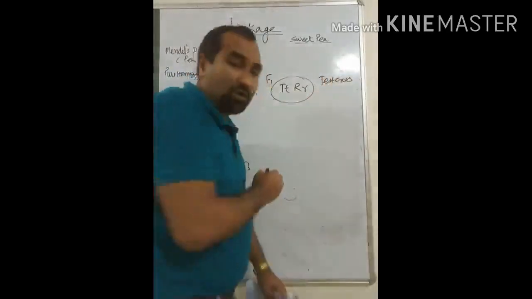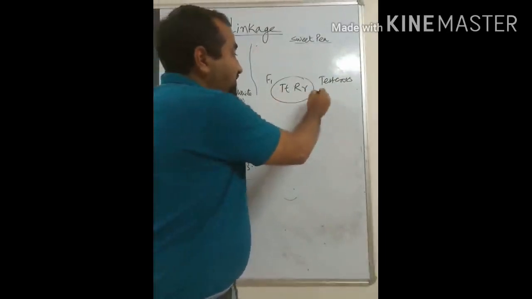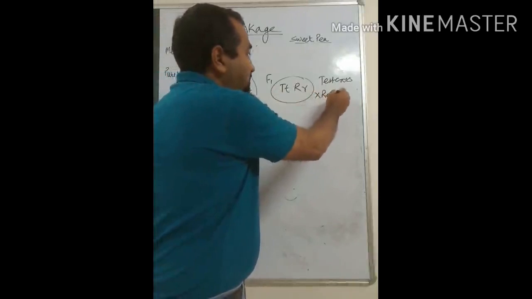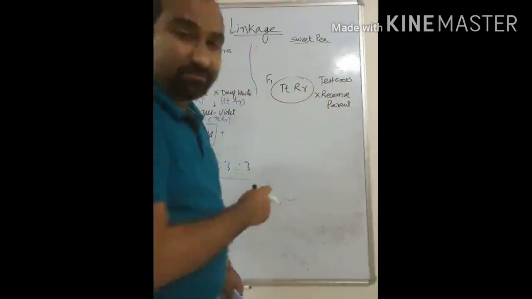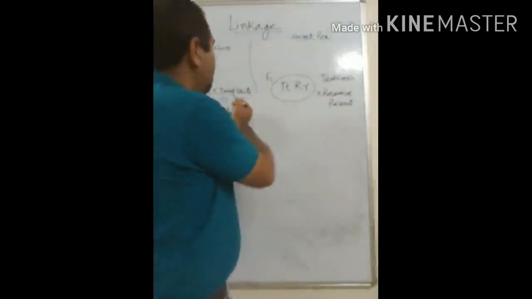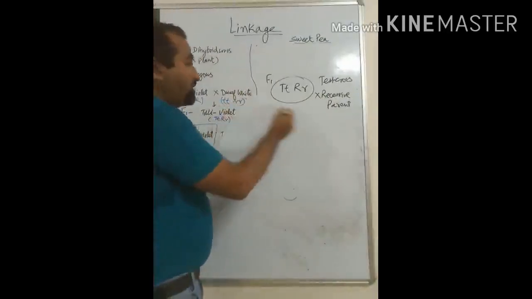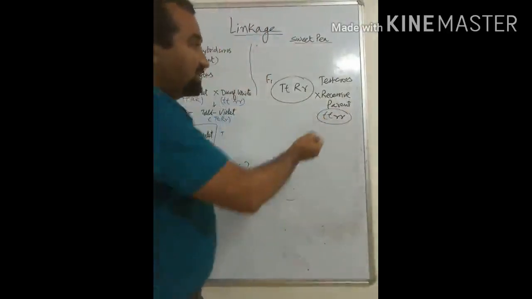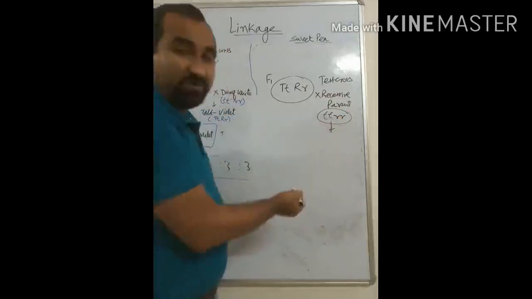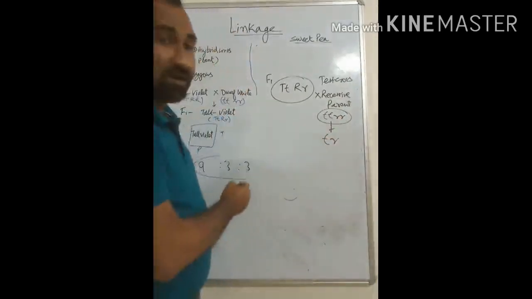In a test cross, we cross the F1 plants with the recessive parent. The recessive parent has the genotype small t, small r, because the recessive parent will always produce one type of gamete, that is small t and small r.